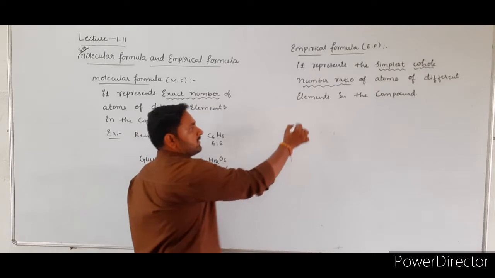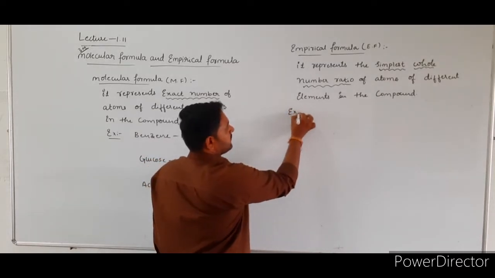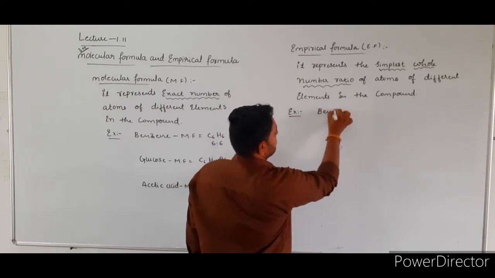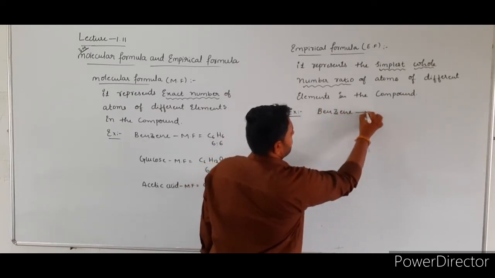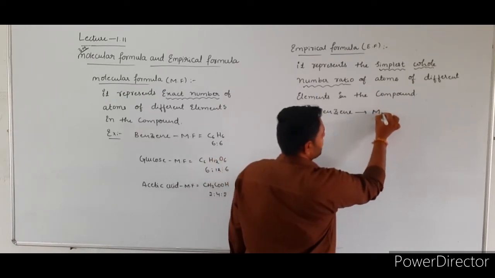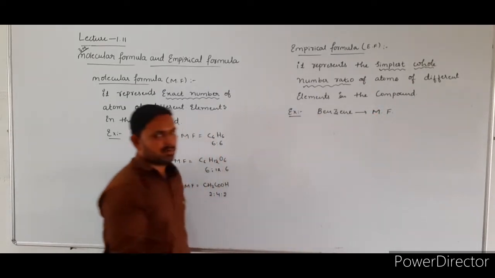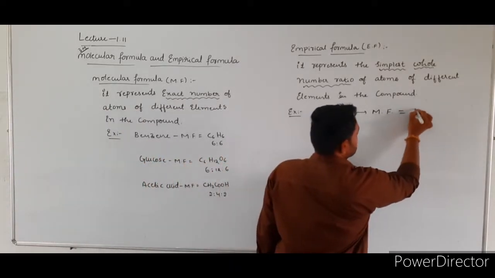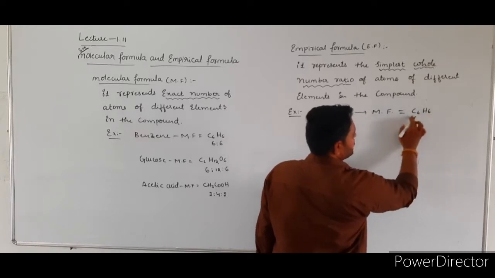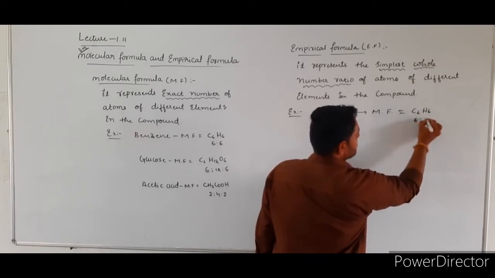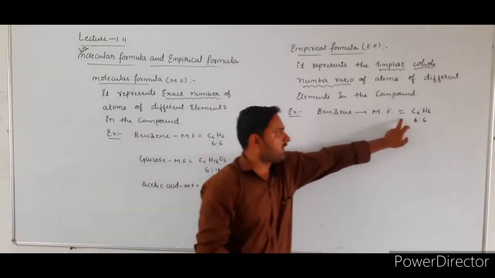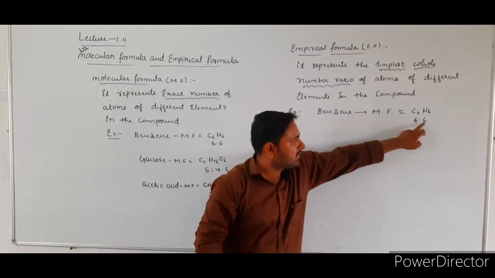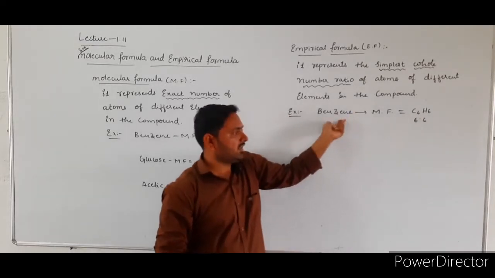Now let us discuss one example. For example, benzene. What is the molecular formula of benzene? C6H6. The ratio of carbon and hydrogen is 6:6. That means there are 6 carbon atoms and 6 hydrogen atoms in benzene.